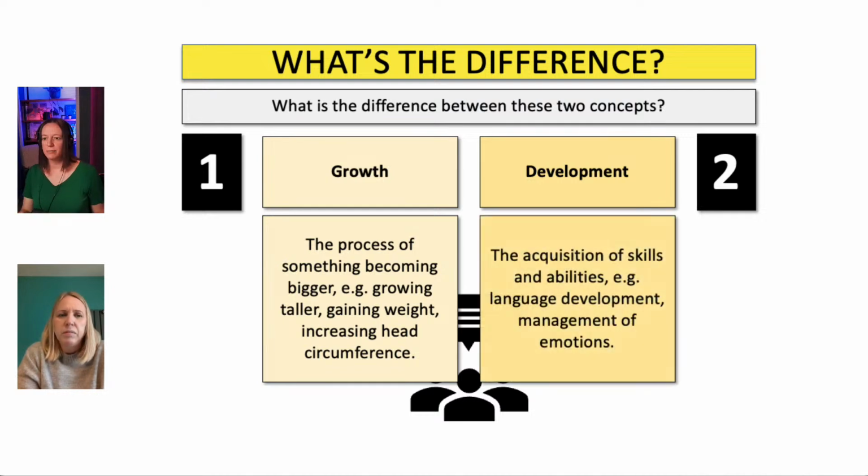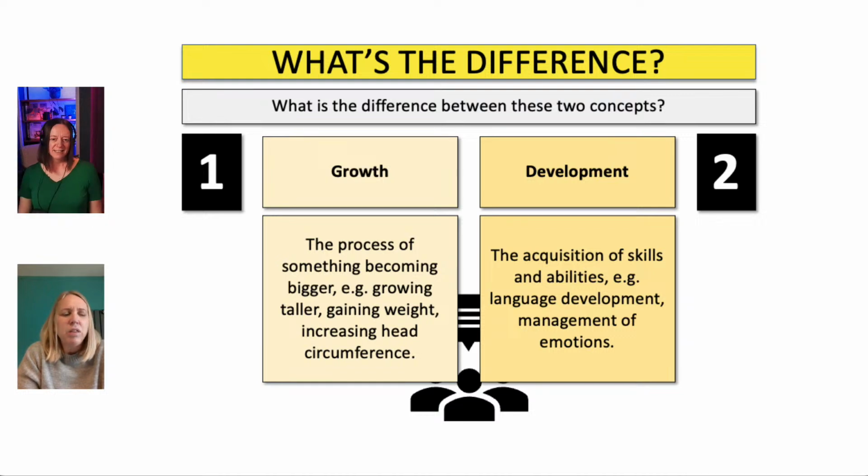So let's have a look at my definition. Development is the acquisition of skills and abilities, for example, language development and managing your emotions. So as someone said, it is quite right to say that growth is about the physical body, and development is more about your brain development, getting better at things. Brilliant. Well done, guys. So you obviously all know the difference. I think it's time for a round of applause.